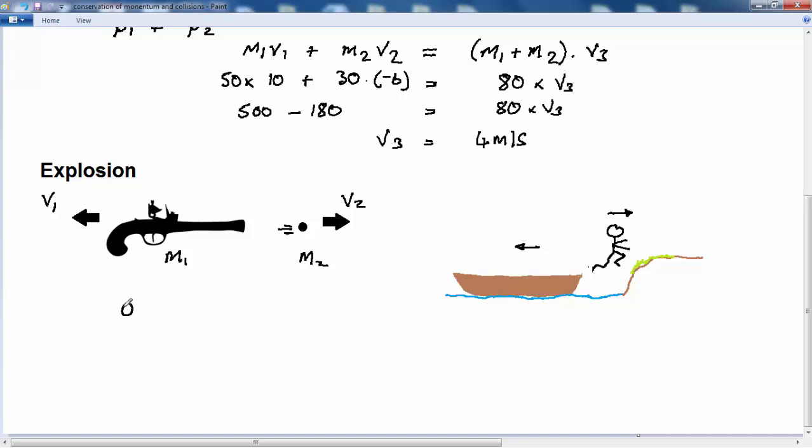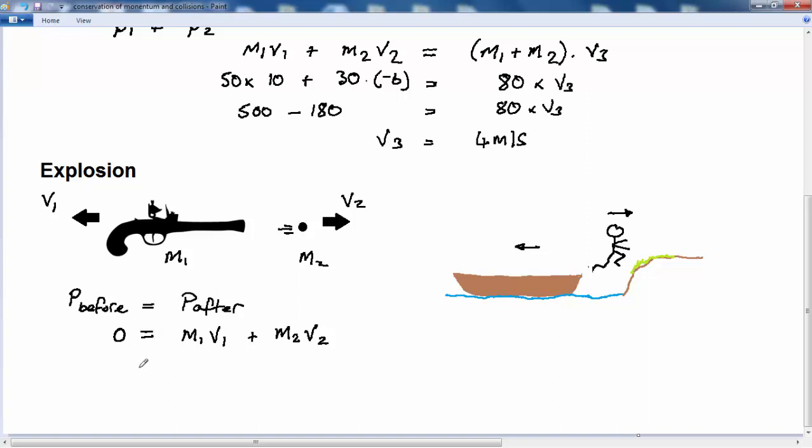So before anything's fired, the momentum is 0, everything's stationary. Then the momentum after the bullet is fired, we have m1 v1 plus m2 v2.